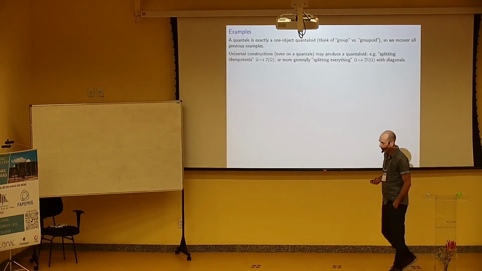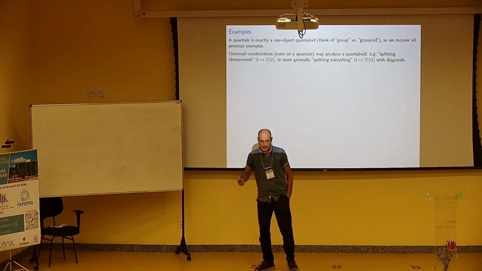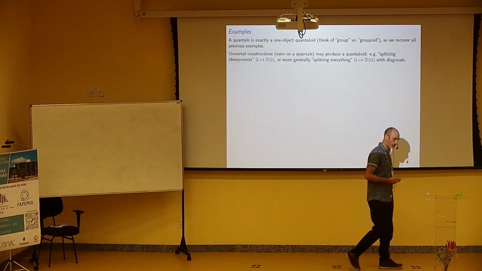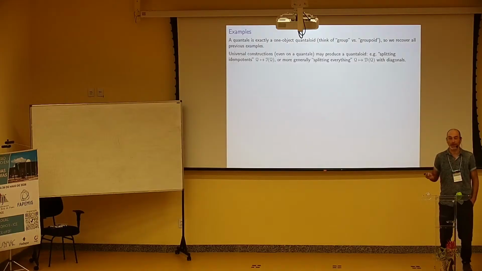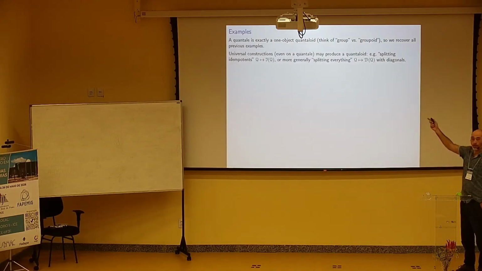I remember Ross Street jokingly saying, but being serious at the same time, in a way that only Ross Street can, he chuckled and he said, well, you know, the thing about ring theory is that rings are one-object categories, and it's spectacular that there are so many ring constructions that just only give rings, right? As soon as you split idempotents, for example, your ring is no longer a ring. It's a category. Same happens here. There are many universal constructions on quantales that produce quantaloids in a very natural way. For example, splitting idempotents. For example, splitting everything.